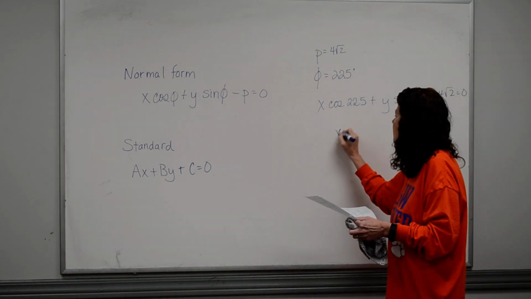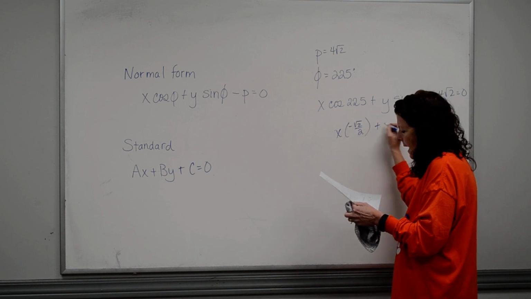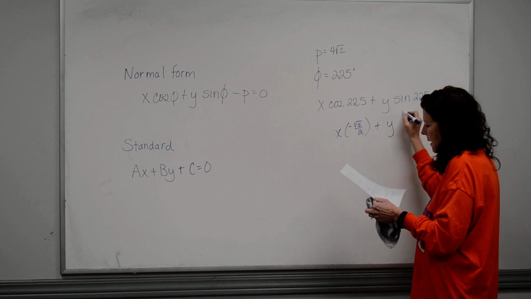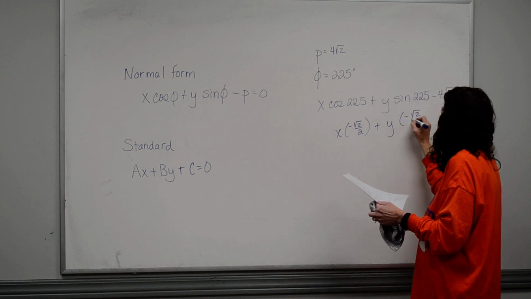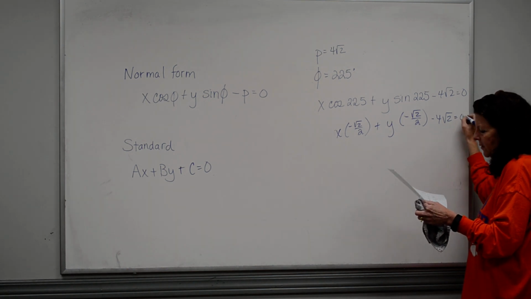Well, the cosine at 225 is negative square root of 2 over 2, and the y is also negative square root of 2 over 2 minus 4 over the square root of 2 equals 0.